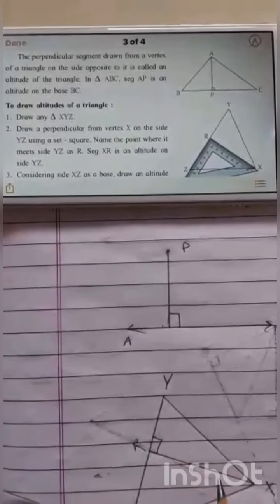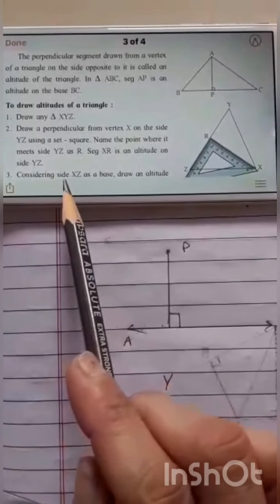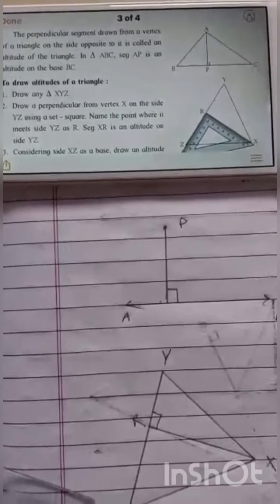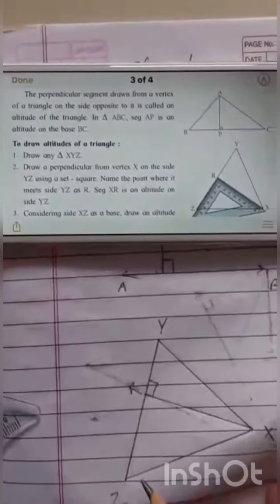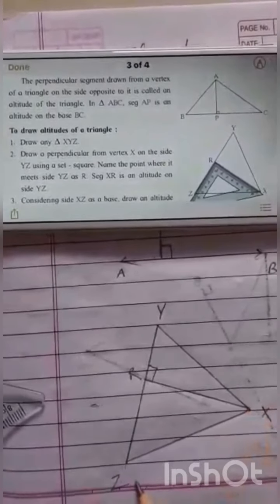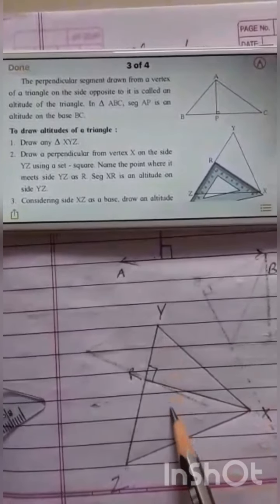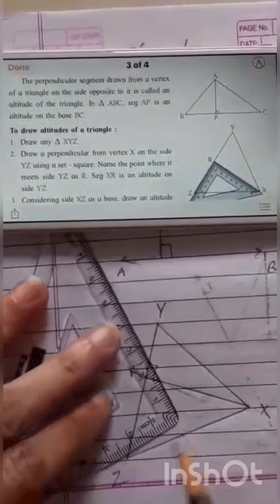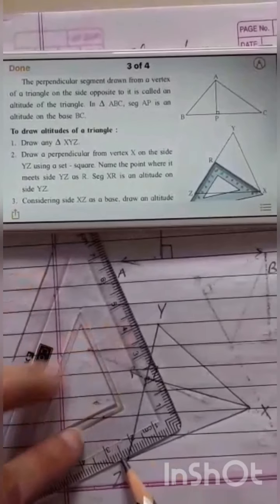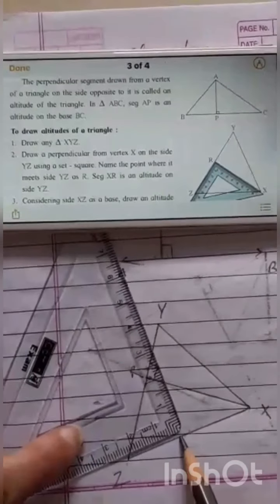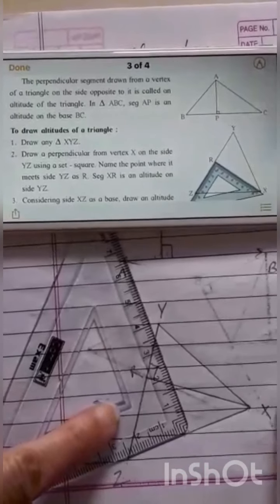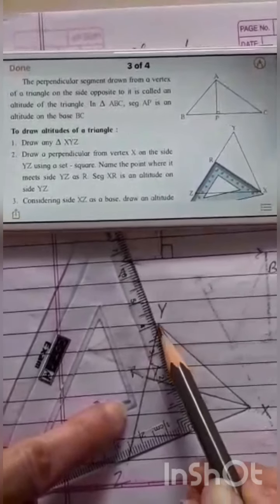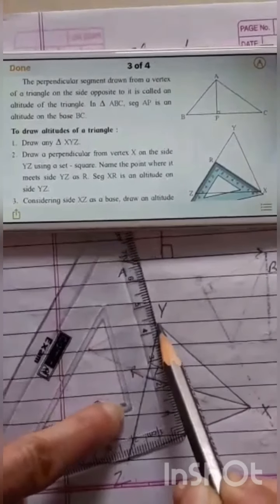Now considering side XZ, we have to draw an altitude on this. So again I'll be holding my set square. This edge will be touching this base XZ, and this edge will be coinciding with the vertex Y. You have to make sure that it won't go here and there.